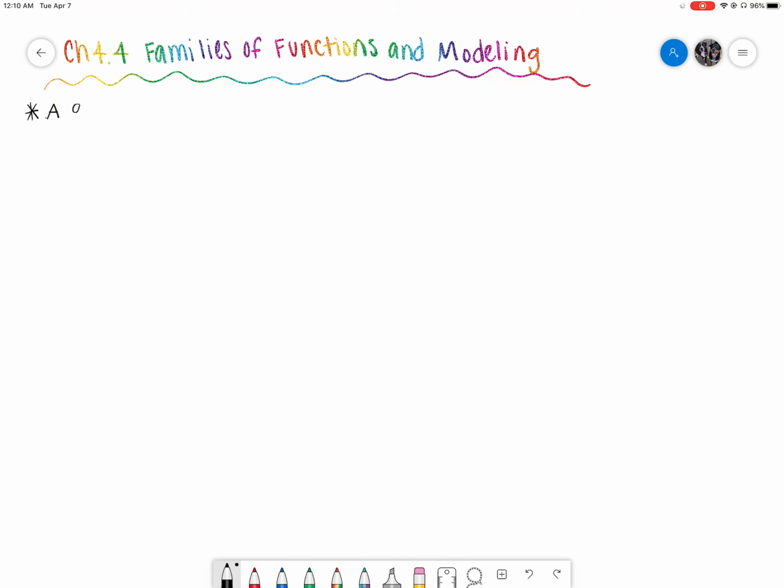A graph of one function can tell us about the graphs of many others.